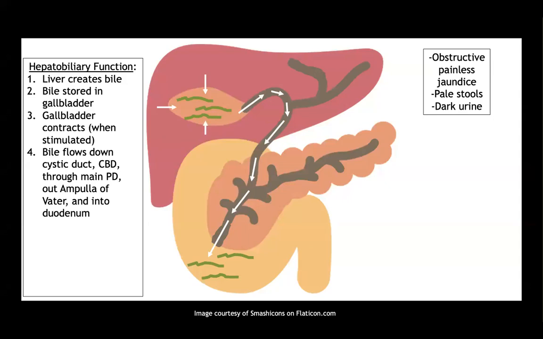So again, I'll go over this in the hepatobiliary section, and this is a good time to go over it, I think, because when I was studying for step 1, I feel like sometimes all these symptoms seemed disjointed, but you're going to see all of these symptoms, including many more, in any pattern that obstructs your common bile ducts. So this clinical presentation is going to be very common.